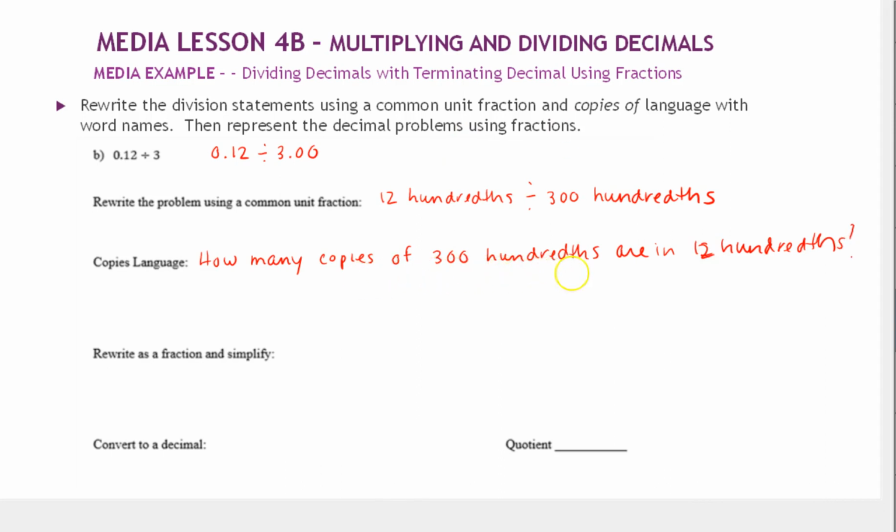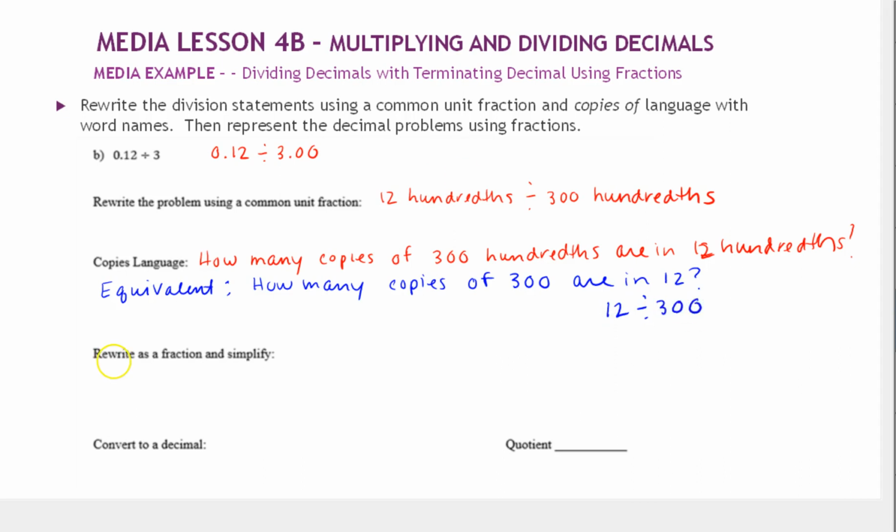And since we have this written with a common unit fraction, remember this is equivalent to the easier division problem of how many copies of 300 are in 12. So looking back at our division problem up here, since the unit fractions are the same, we can eliminate them and think of this as the problem 12 divided by 300.